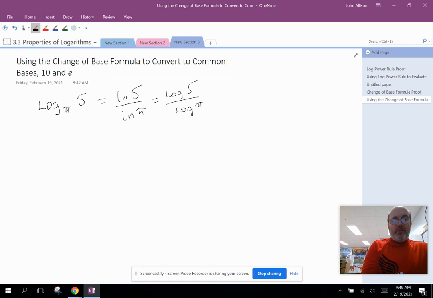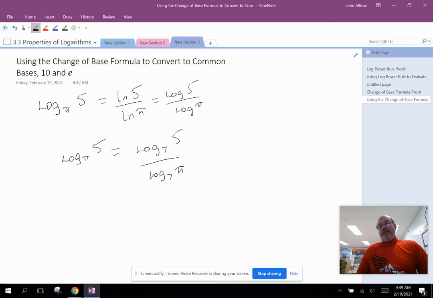Or you might even see it show up on a multiple choice test to see if you recognize that that could easily be log base pi of 5. Well, let's see. It could also be log base 7 of 5 over log base 7 of pi, so that you know how this change of base operation works.